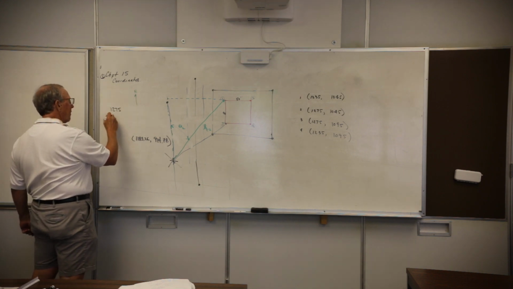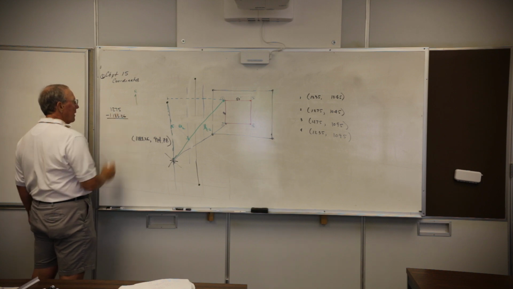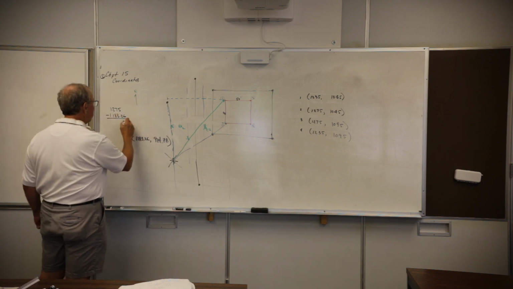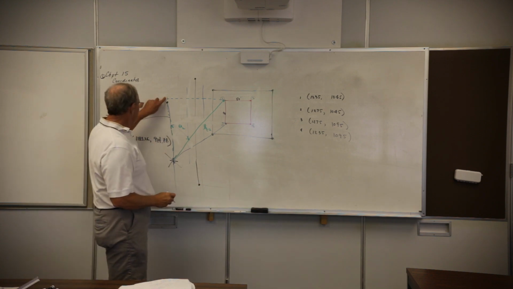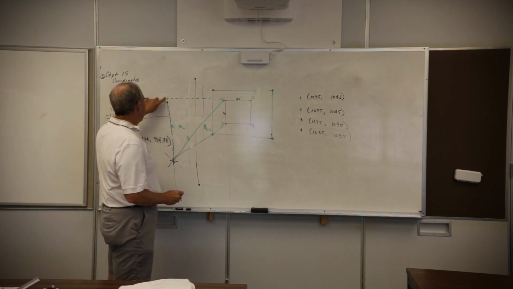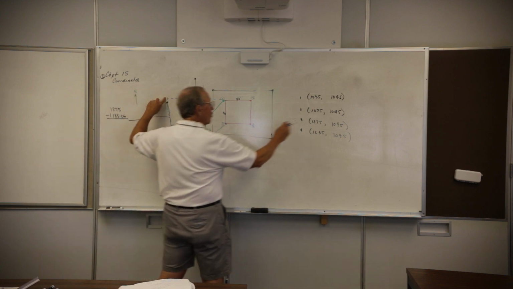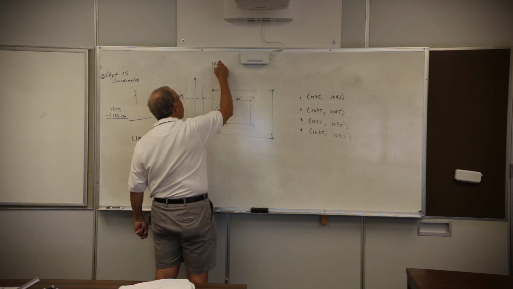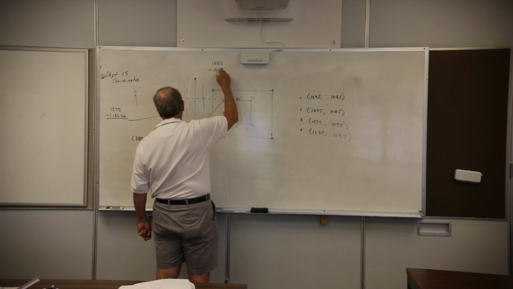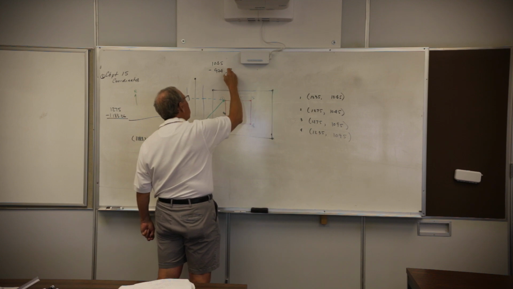1275 minus 1183.26. That takes care of that length. Now I'm going from an easterly of 974 to an easterly of 1045. 1045 minus 974.78.